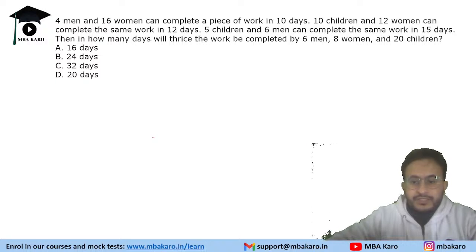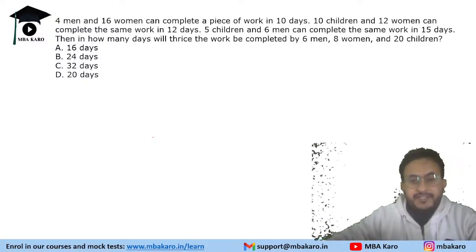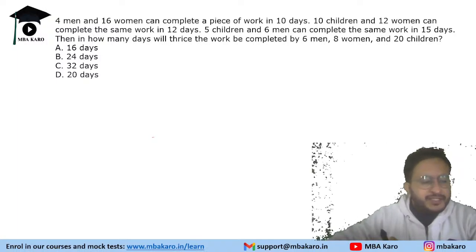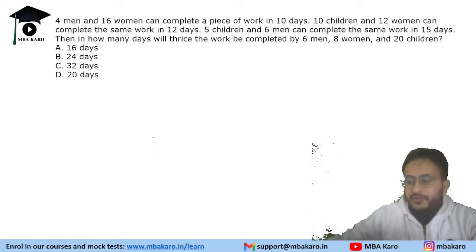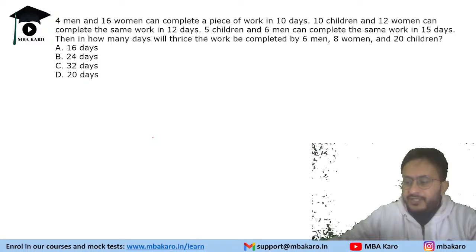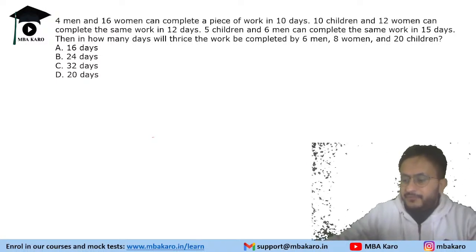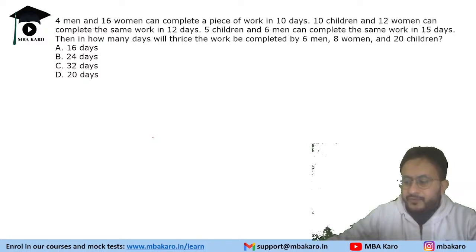So this is a question that is worth skipping. In the examination, it is about picking the right set of questions. If you get this kind of a question, obviously it is worth skipping in the first go, because it is going to take some time forming equations and solving it.